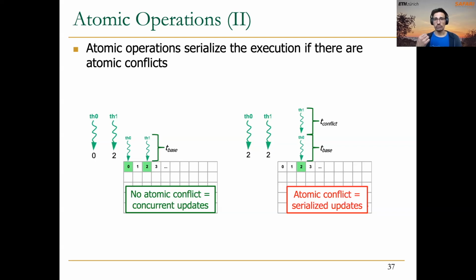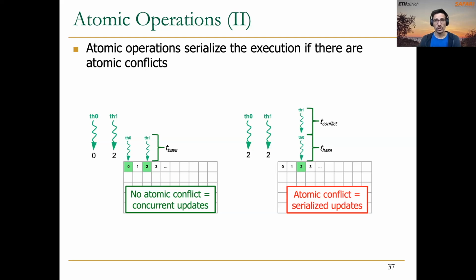This serialization can entail a significant overhead, but that also depends on how the atomic operations are implemented. In older GPU generations, atomic conflicts were much more costly than in today's architectures, because these new architectures have more specialized hardware to handle the atomic operations more efficiently.